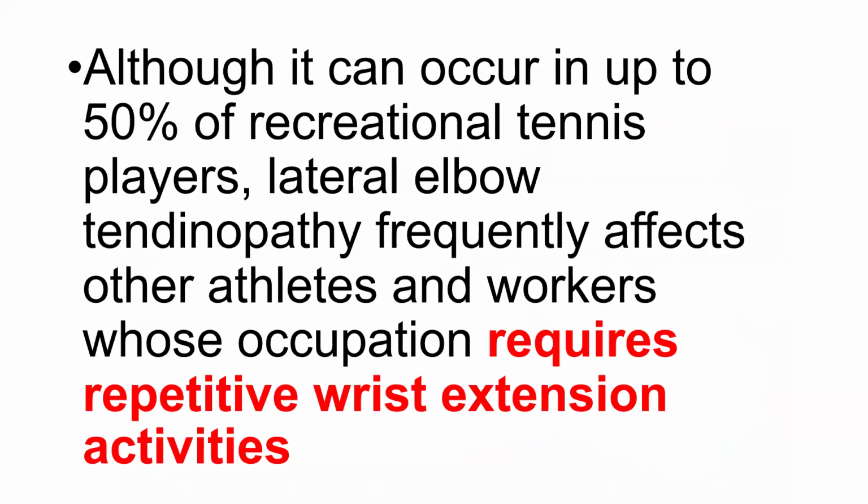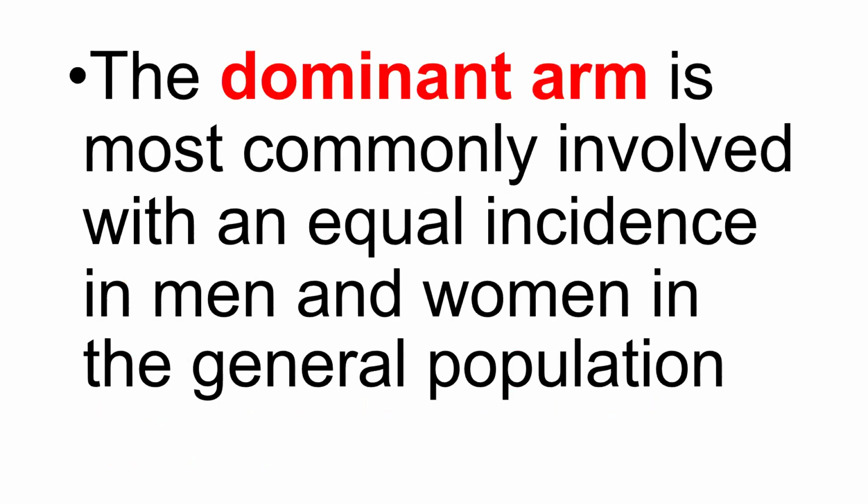Although it can occur in up to 50% of recreational tennis players, lateral elbow tendinopathy frequently affects other athletes and workers whose occupation requires repetitive wrist extension activities. The dominant arm is the most commonly involved, with an equal incidence in men and women in the general population.